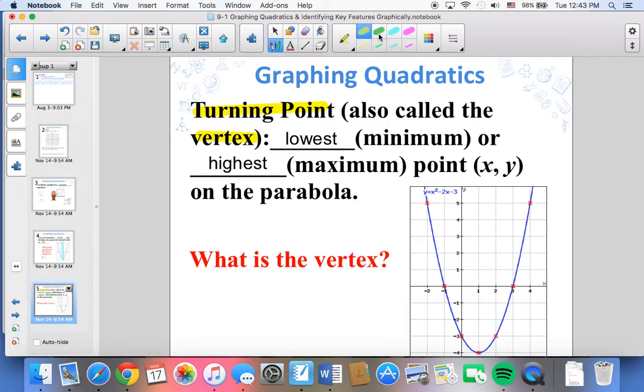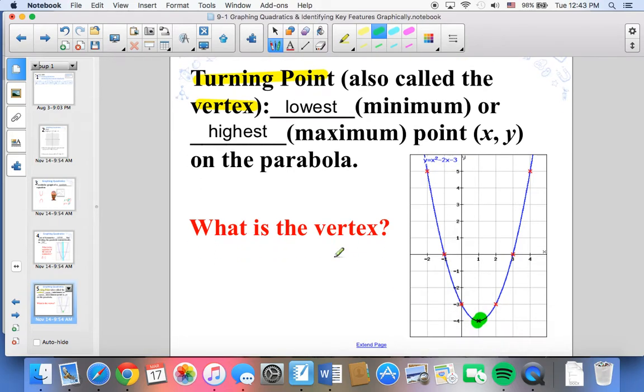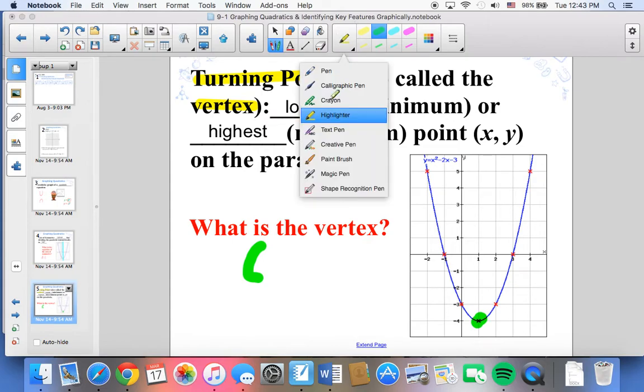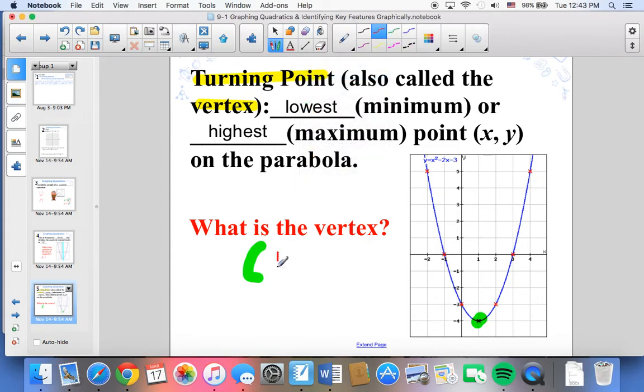I'll highlight it in green. It is the lowest point on the parabola. So there's your vertex, highlighted in green. It's always an ordered pair. So in this case, it's the point (1, -4).